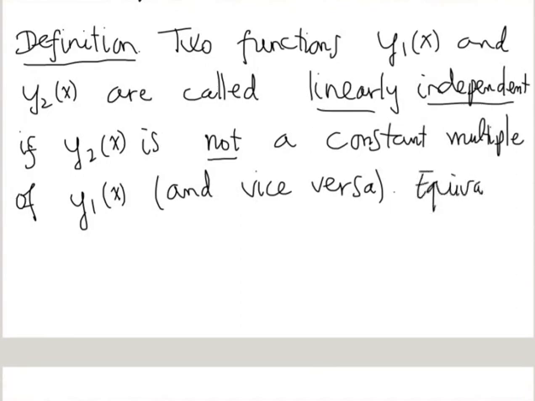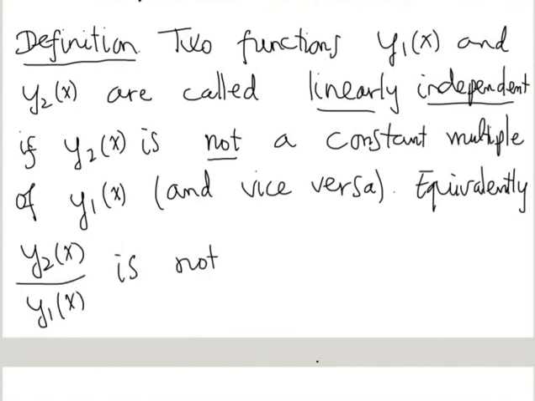Equivalently, y2 is not a constant multiple of y1. Equivalently, the ratio here, y2 of x divided by y1 of x, is not a constant function. So two functions are linearly independent if their ratio is not a constant, like what this definition says.